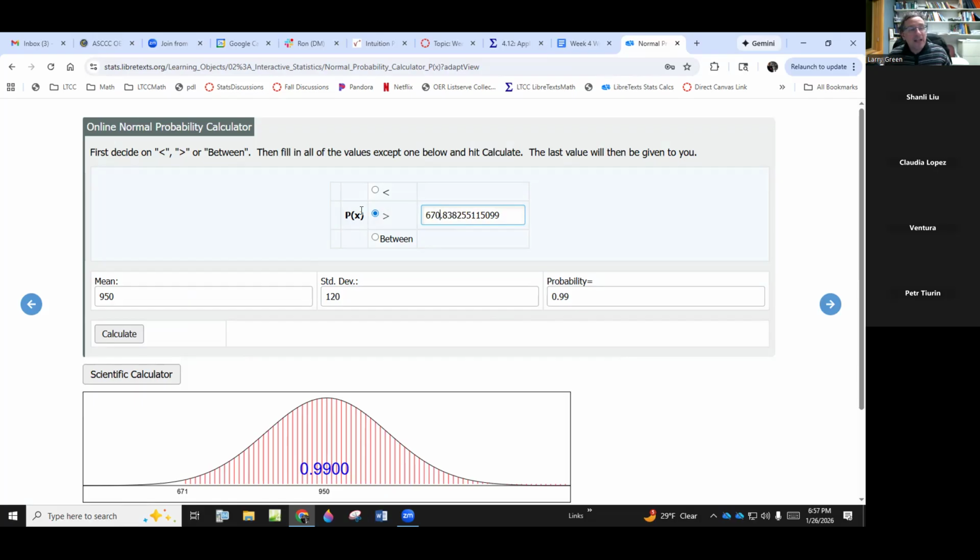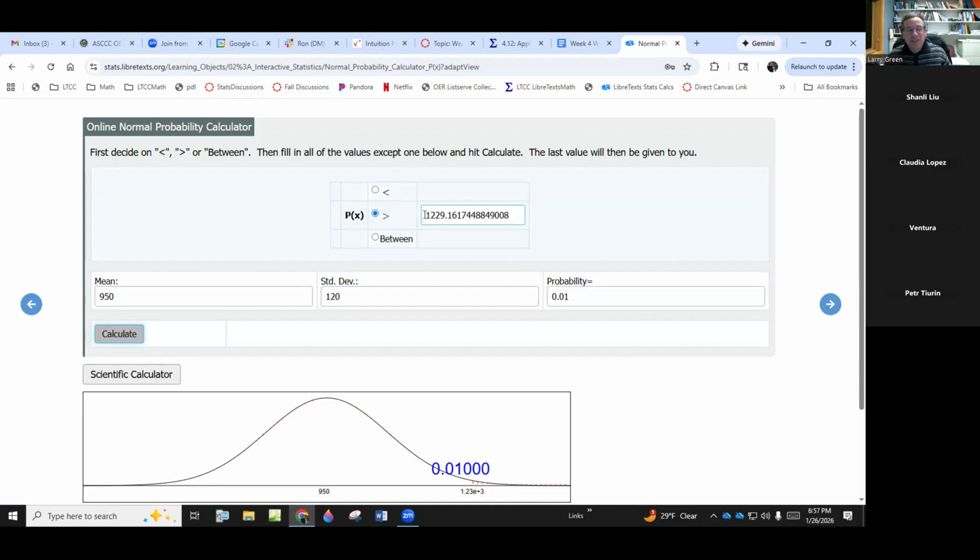Oh, you know what? I went the wrong way. That's a 99% chance of running out. If we don't want to run out, the probability should be 0.01, a 1% chance of running out if there's a 99% chance of not running out. Sorry about that.